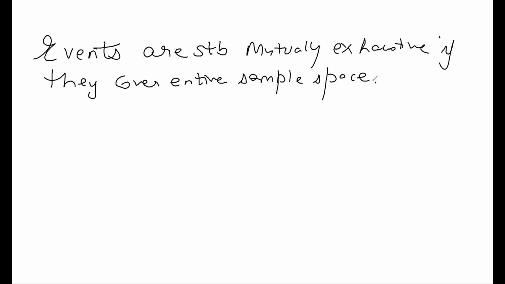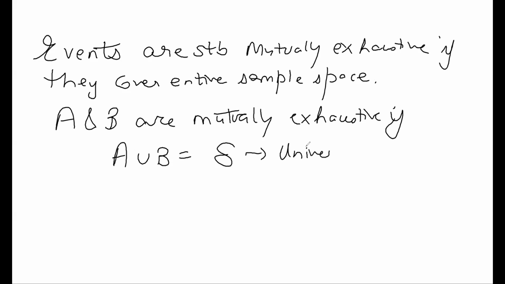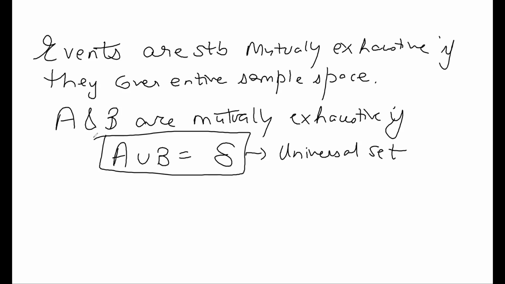So I will say that A and B are mutually exhaustive if the union of A and B is exactly equal to the universal set. If the union of A and B gives me back the universal set delta, it means the events A and B will be mutually exhaustive.